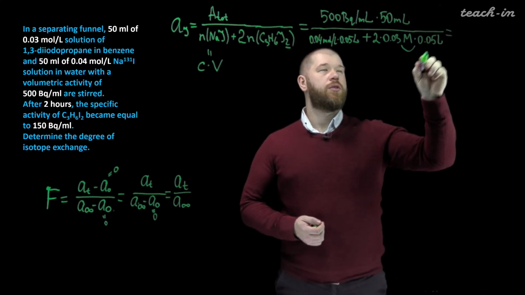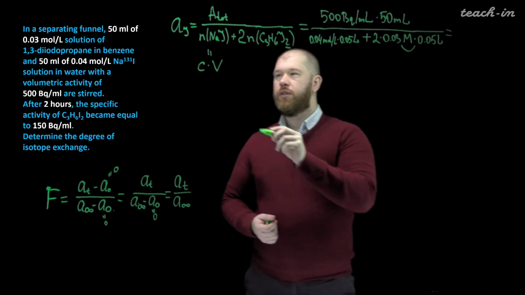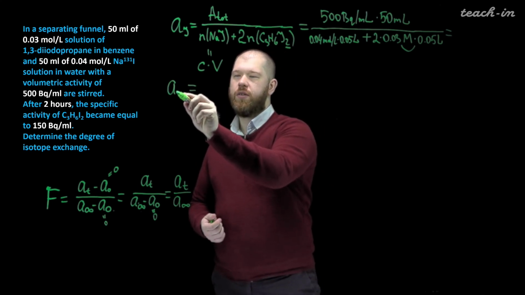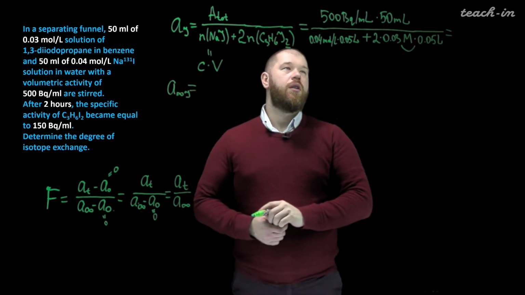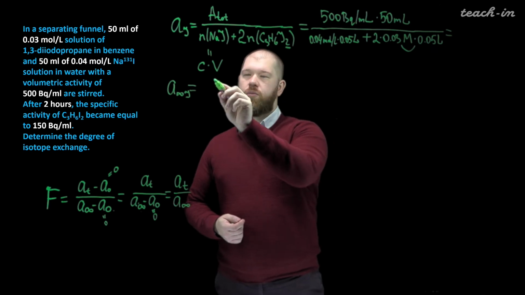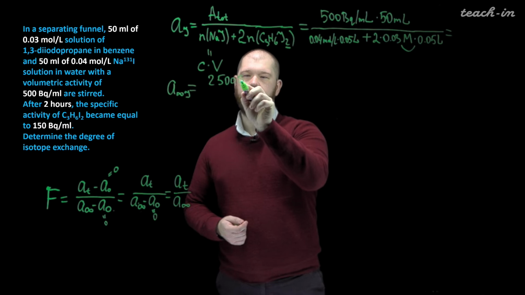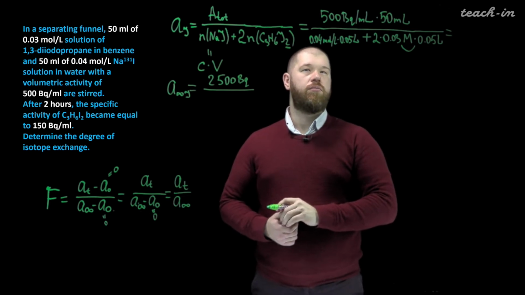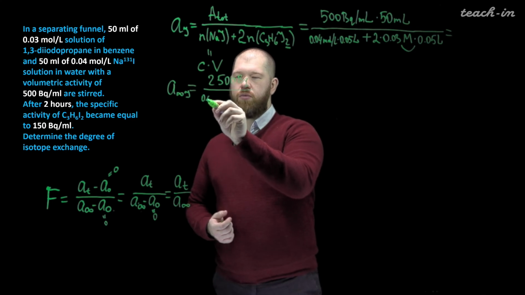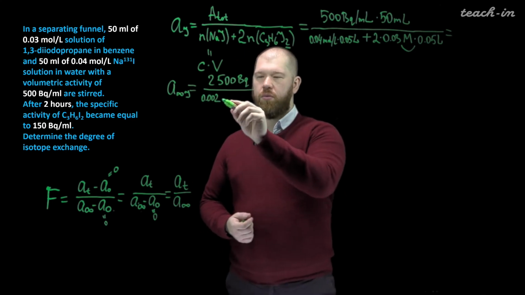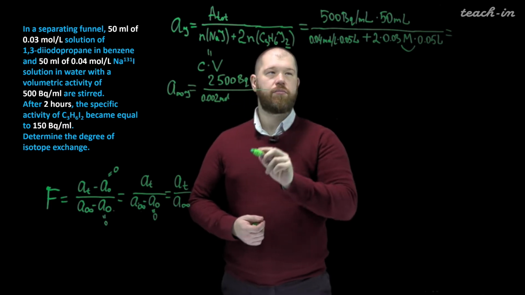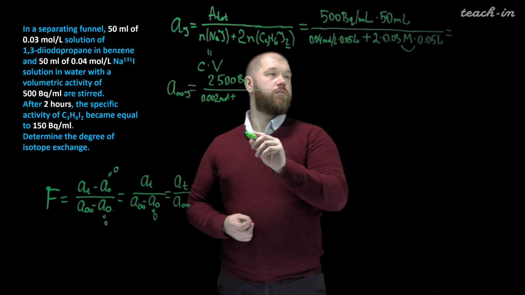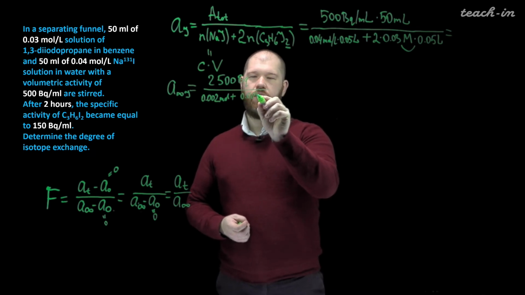Okay. So now we have all the numbers. So the specific activity of iodine at equilibrium will be 2,500 becquerels divided by 0.04. It will be 0.002 mole plus 0.003 mole.